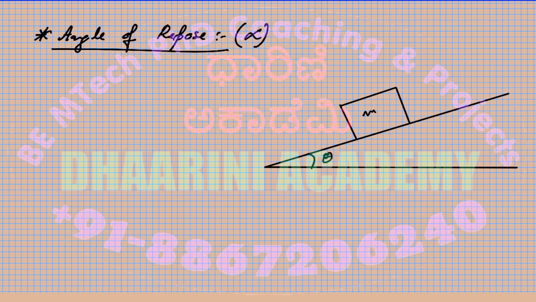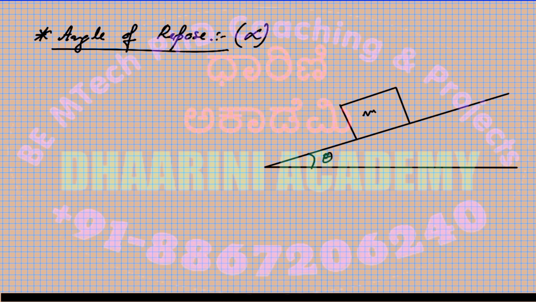So we have to identify that angle up to which the body will not move, and it is called the angle of repose. Now the angle of repose, we try to find out, that's the value of alpha.